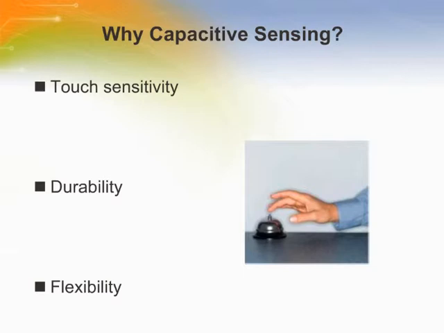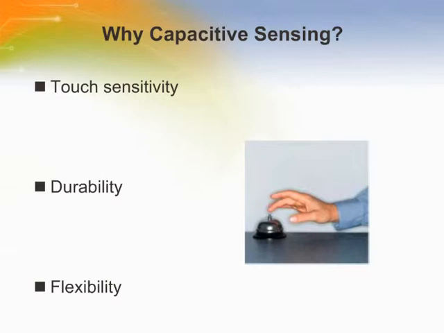Second, there is durability. As previously mentioned, touch-based solutions are more durable than mechanical buttons and switches. However, among the touch-based solutions, capacitive sensors are extremely durable, whereas the infrared solution can be adversely affected by surface contaminants. Capacitive sensing is environment resistant.